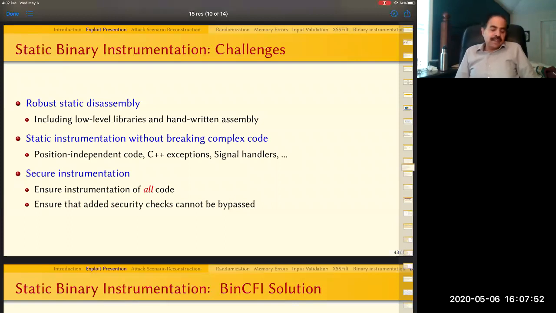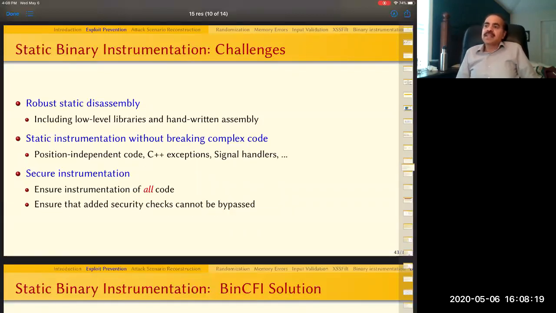Unfortunately, it's difficult to do this fix up when you are working on just the binary, because the number 100 doesn't tell you whether it's an integer 100 or whether it is an address 100. And this is why with dynamic instrumentation, you have the advantage that when the program itself uses 100 as a target, then you know that it is supposed to be a code address.